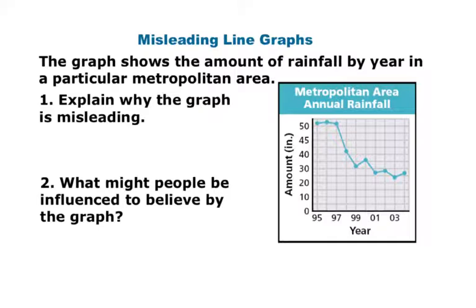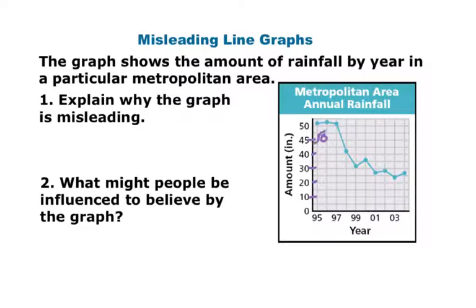Because we learned rules about how to make graphs, you may not necessarily be looking for the fact that this graph is actually on a different scale than the lower half. If we look at it, these numbers should have been 10, 20, 30, 40, 50 here.